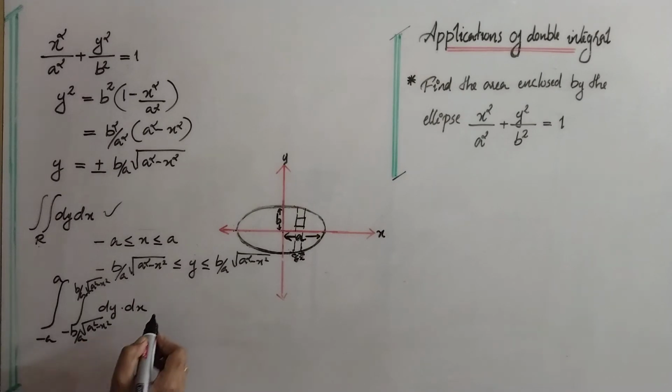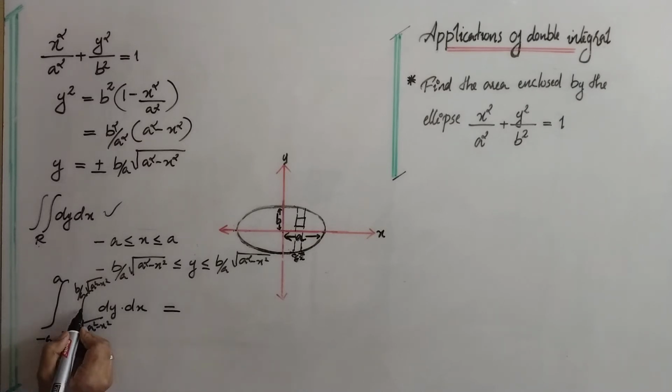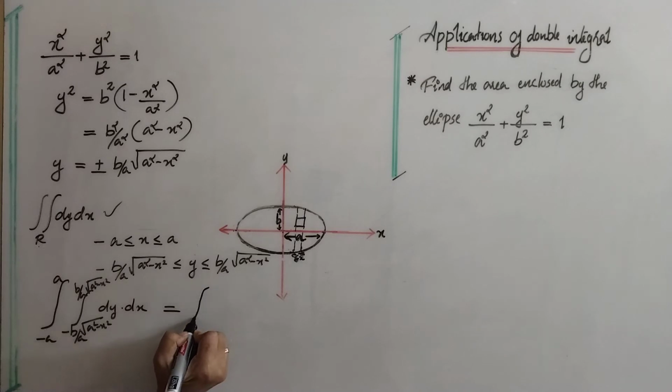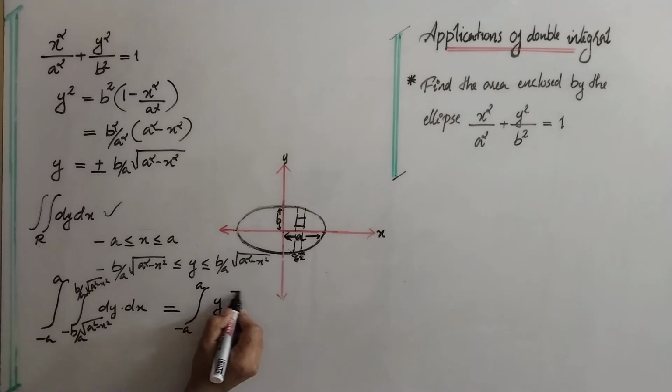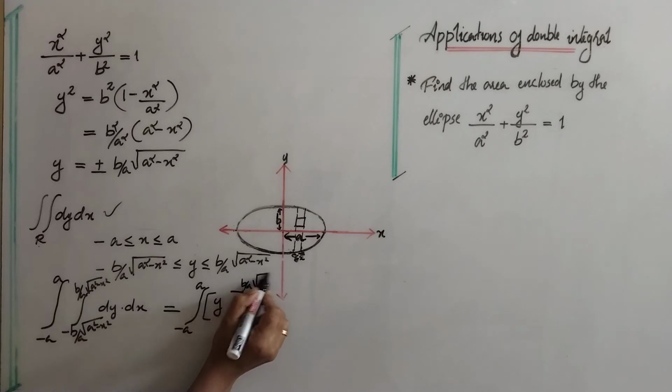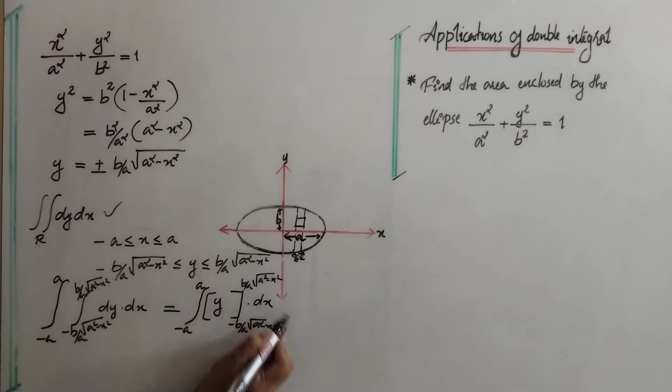First integrate the inner integral. We get integral dy is y. So here minus a to plus a, y, with limits minus b by a root of a square minus x square to plus b by a root of a square minus x square, into dx.